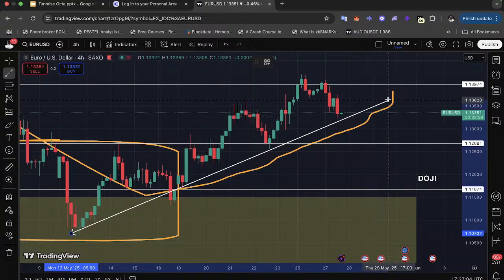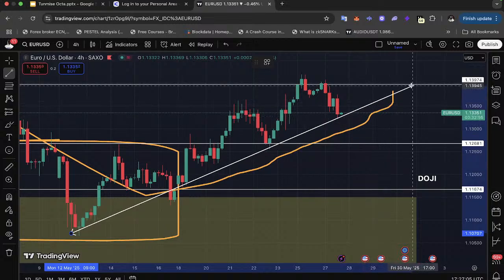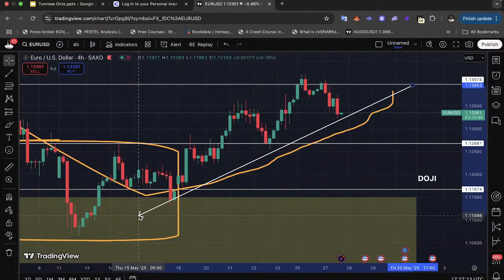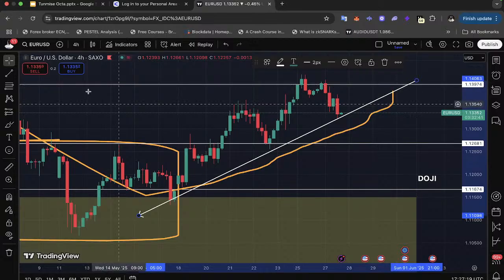Okay, let me do this. Yeah, right. Can do something like this. Let me change this to a line chart to see clearly what.